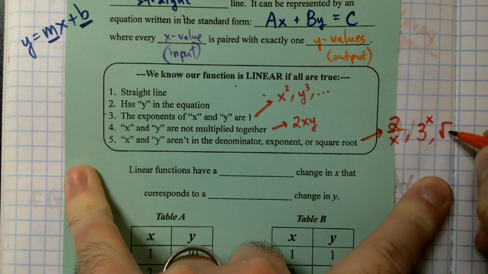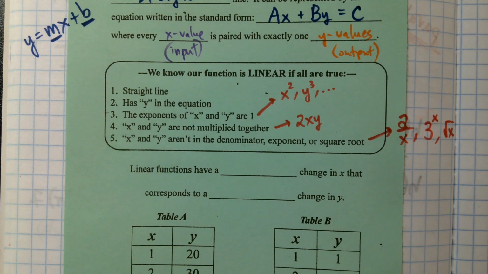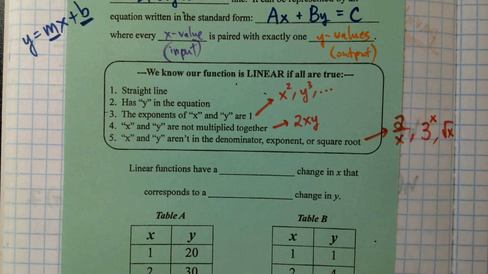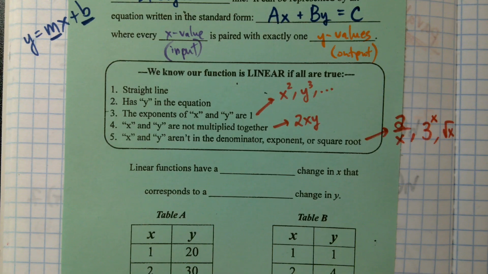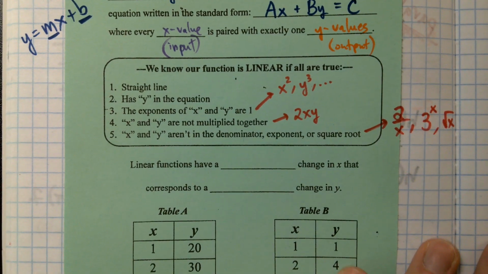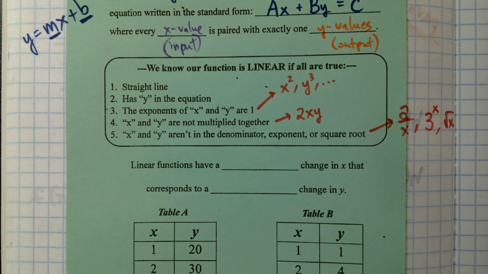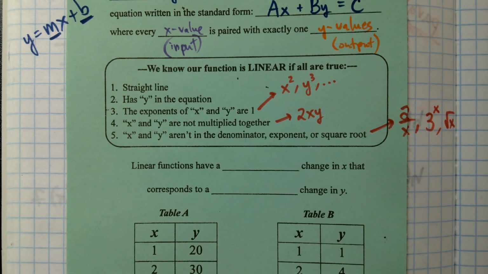And I can't have the square root of x. If I see any of those things, I'm not dealing with a linear function. All right? So this is a really good checklist for us to take advantage of. Let's see some of it in action, okay?